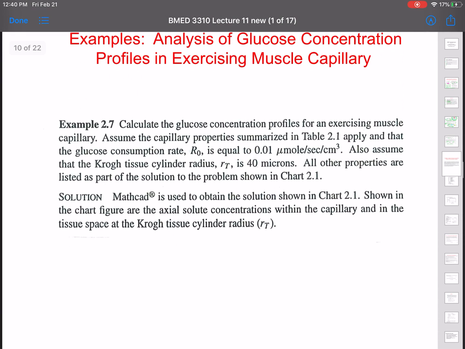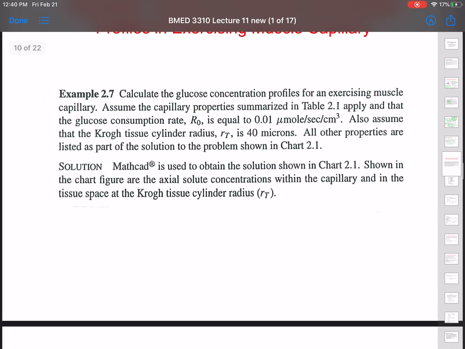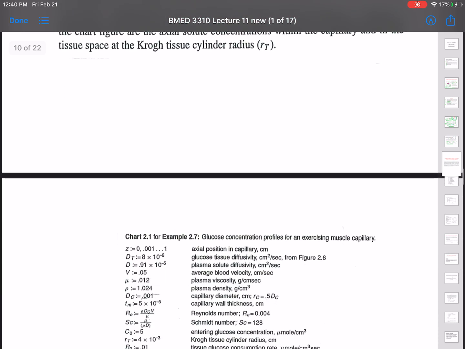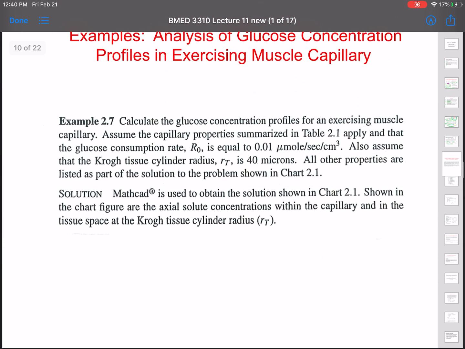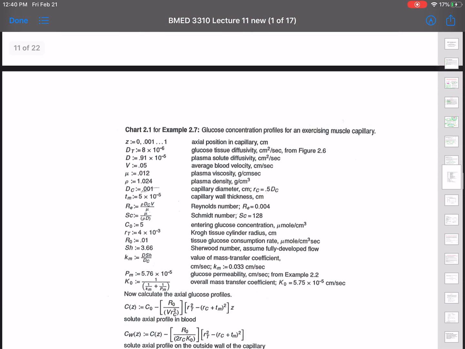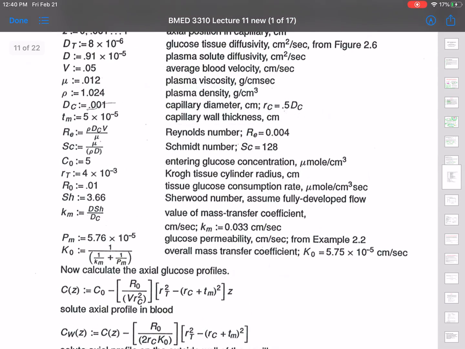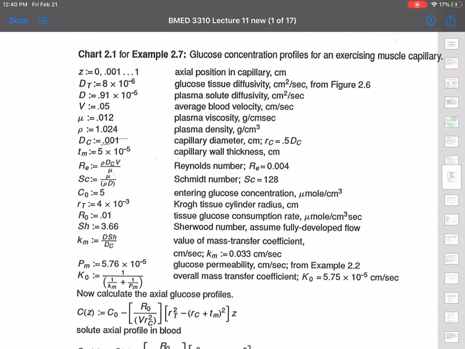Okay, and in this example, all she's doing is putting in values here. So it's the same thing, now with code. Well, very simple code. So here she's giving us values for diffusivity in the tissue.